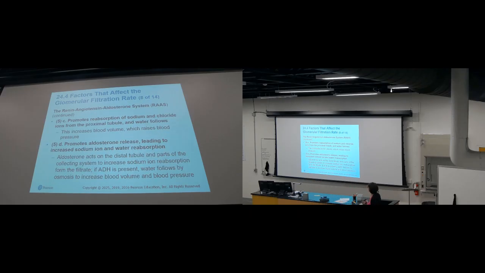And that aldosterone is going to promote the absorption of sodium and chloride. So this is what is called a salt-retaining hormone, and that is going to pull water from your kidneys, so that will increase blood volume and blood pressure.